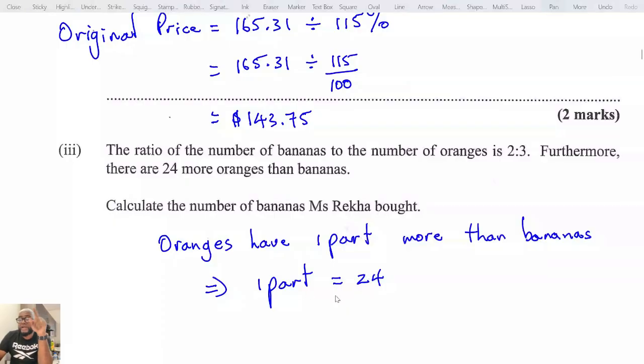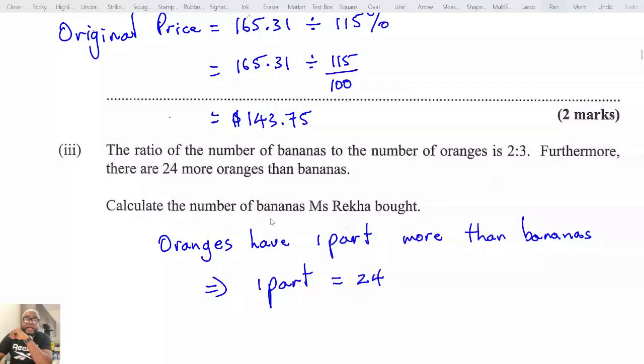So that 1 part is represented by 24. I told you all when we did ratios that the objective of ratios is to find out how much 1 part is. Once you find out how much 1 part is, you can find out how much 2 parts are, how much 3 parts are. You can flex however you want to flex.